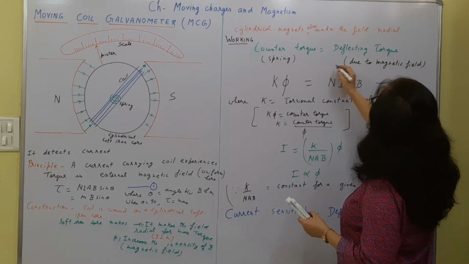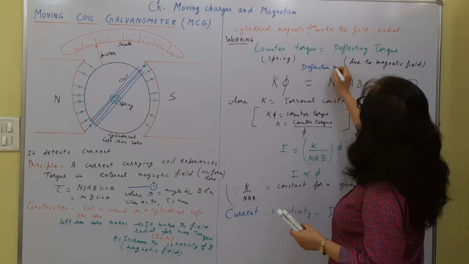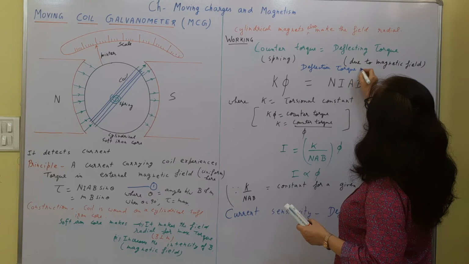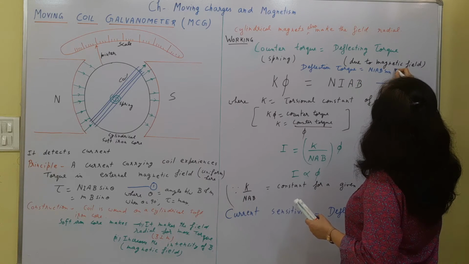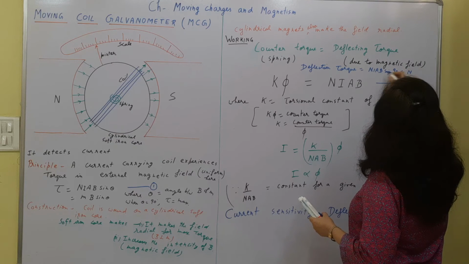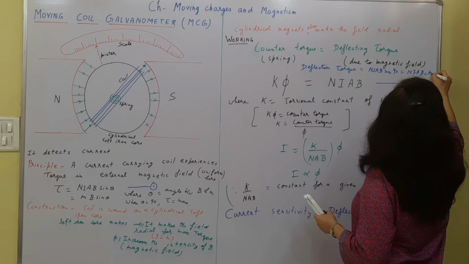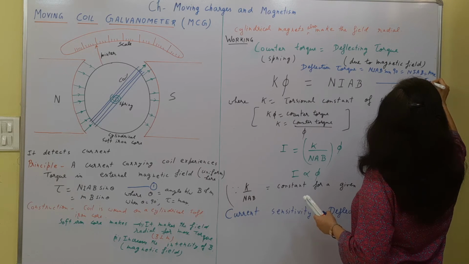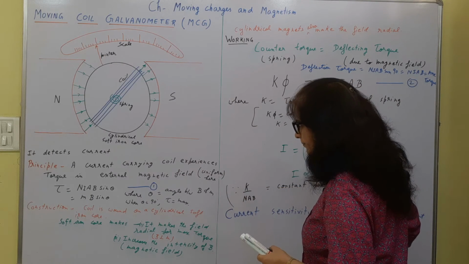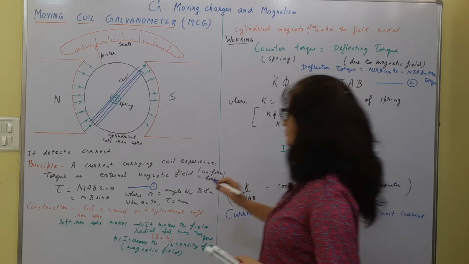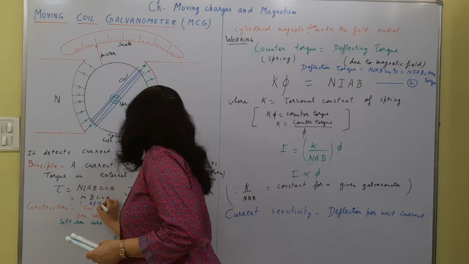Here we can just mention deflecting torque is equal to NIAB sin 90, which is NIAB, that is maximum torque, as I have mentioned here, right? So for theta 90, this will be NIAB.